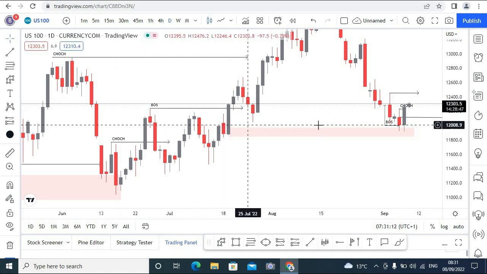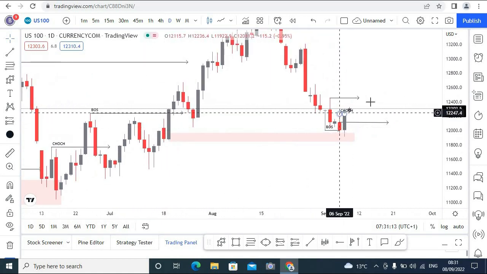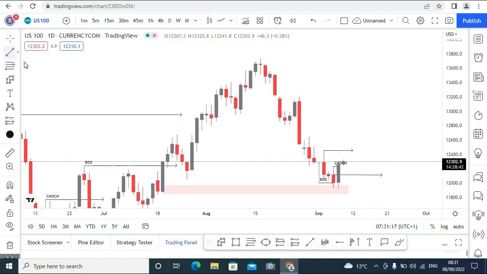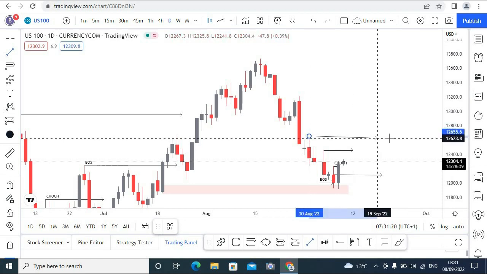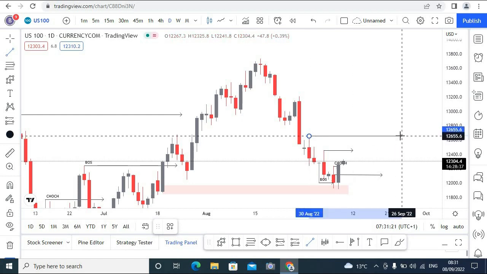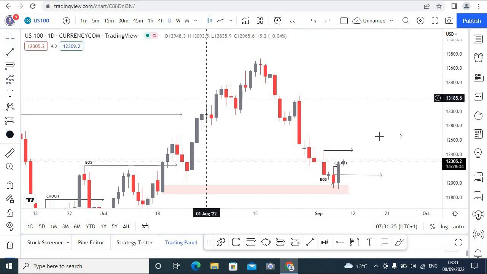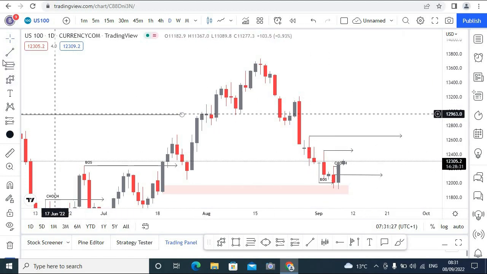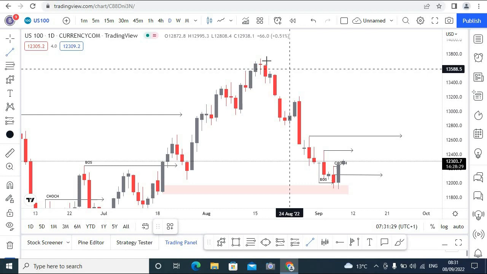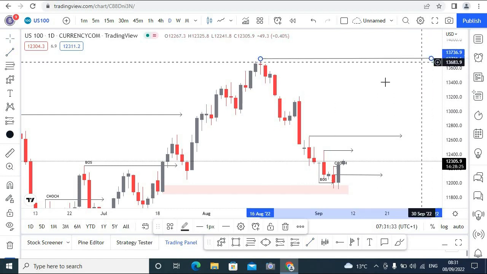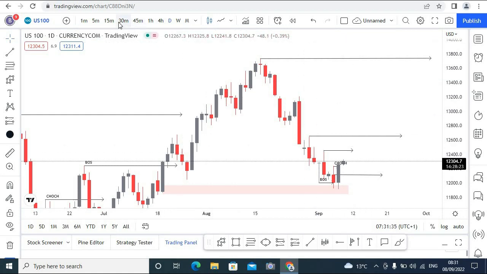So this is a continuation pattern which we are anticipating to the upside. So if they do manage to take out this zone, I'll be now anticipating a move to the upside, and this will now become my potential take profit, right?